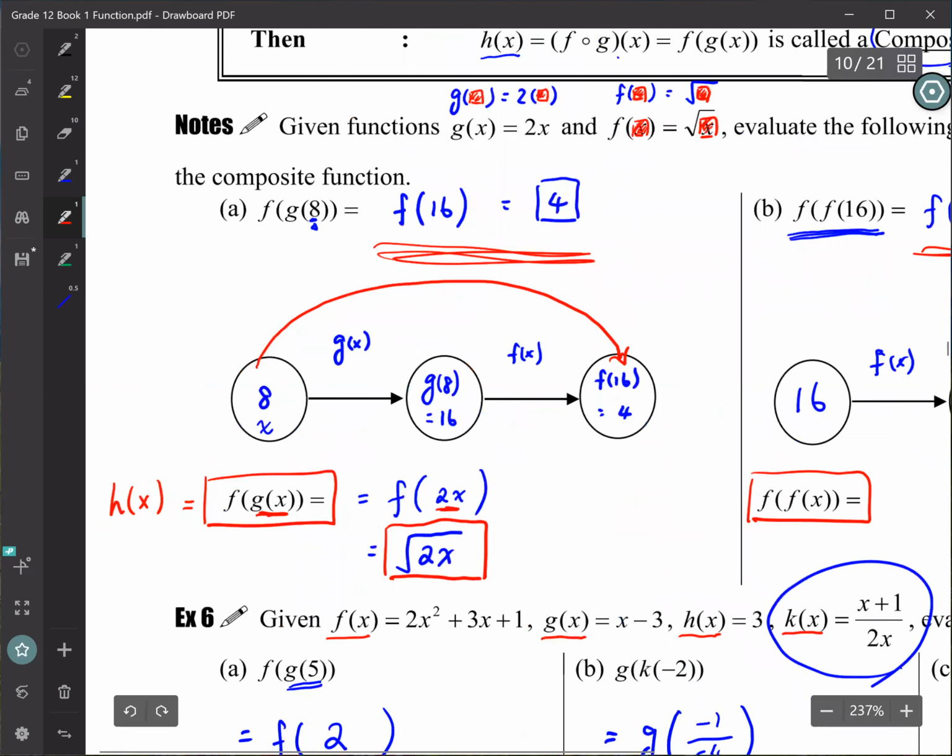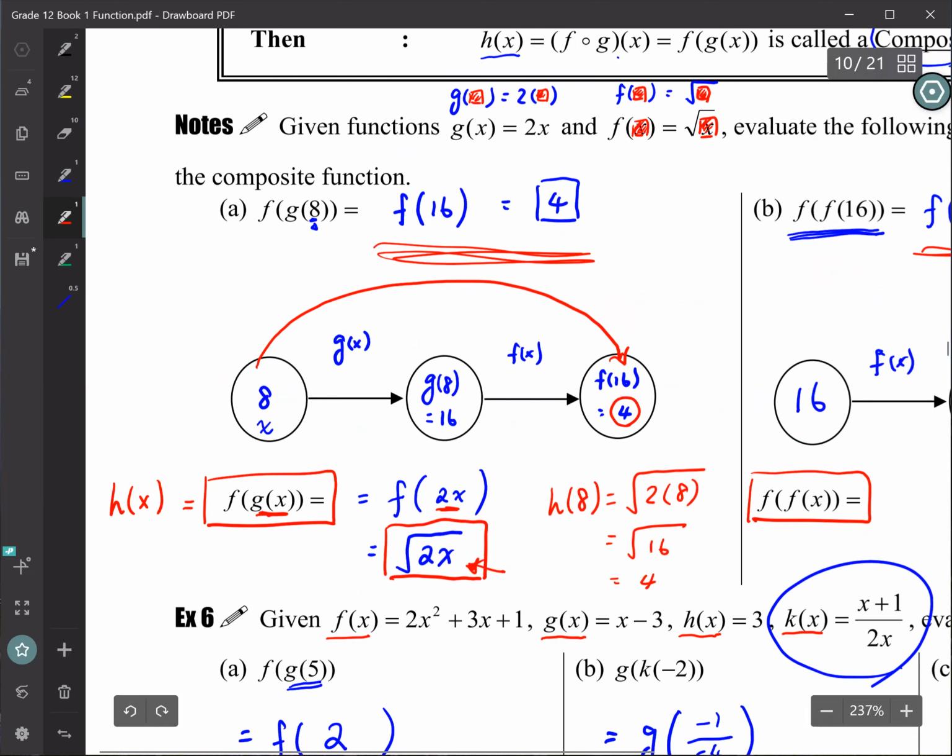So for example, we try, right? Let's say we want to do h of 8. So if I put it into here, it will be square root of 2 times 8. And square root of 2 times 8 is square root of 16, which is 4. And that is also the same, right?